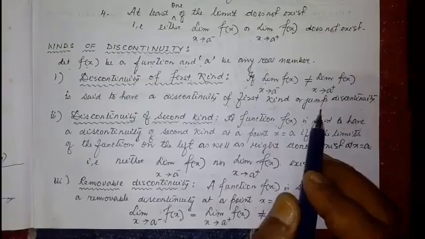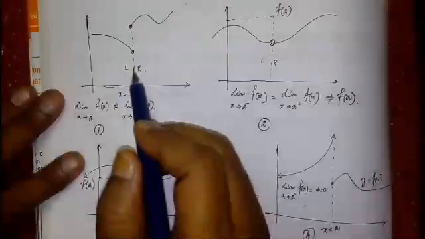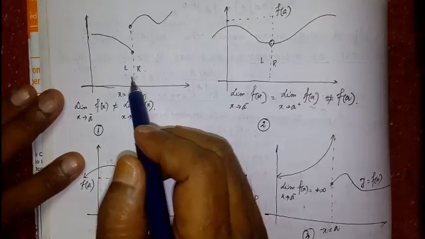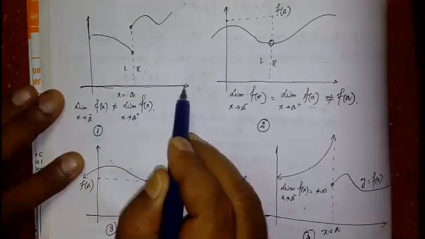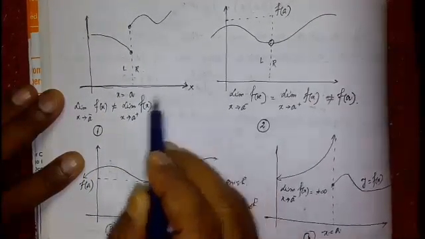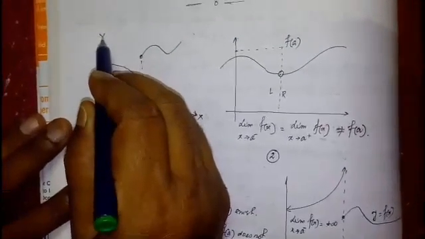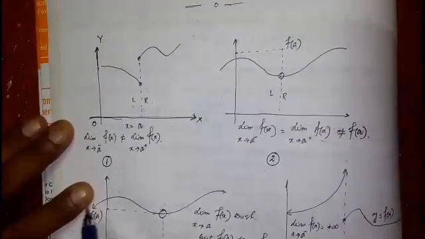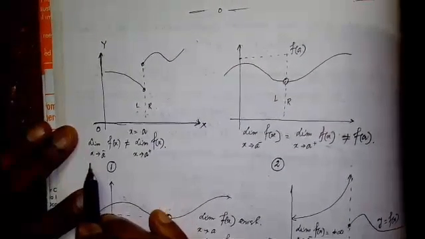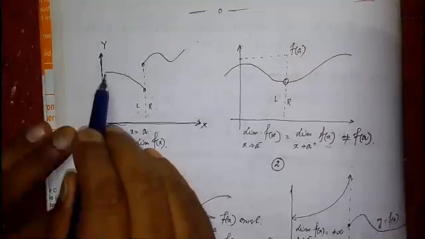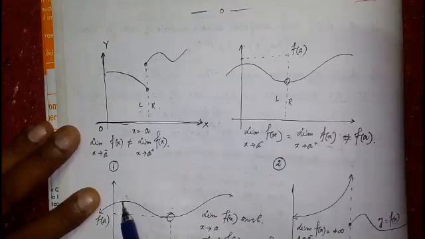Now, for jump discontinuity, its pictorial representation is: this is the x-axis, origin, this is the y-axis. Now, the left hand limit, that is limit x tends to a minus f(x), its graph is like this.